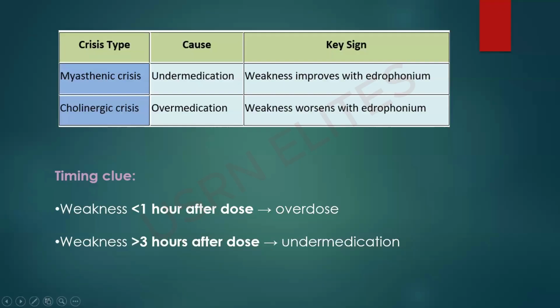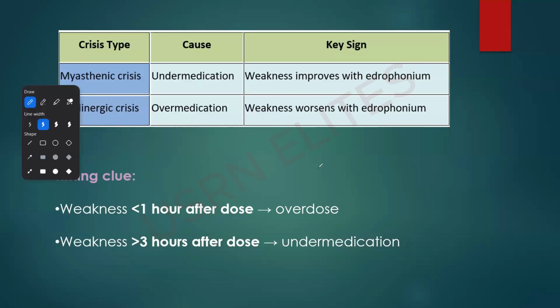When you hear of cholinergic crisis, you know cholinergic crisis increases secretions, right? So what comes into your mind? Have you seen this word before?